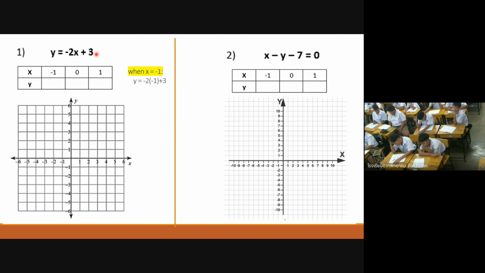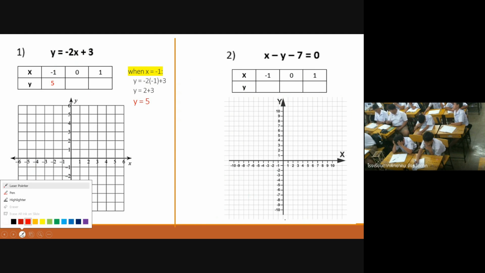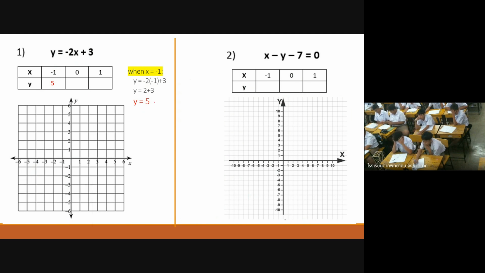What we're going to do is substitute negative 1 for this x. What is negative 2 times negative 1? 2. 2 plus 3 is 5. Meaning when x is negative 1, y is equal to 5. Now when x is 0, what's the value of y? Negative 2 times 0 is 0, plus 3 is 3.